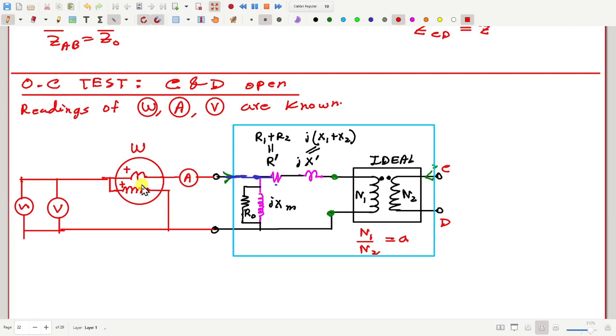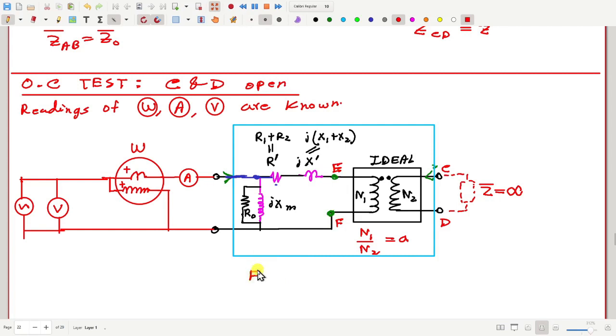Before that, here the impedance between C and D is how much? Z equal to infinite. If I call these terminals E and F, how much is the impedance between E and F? Infinite multiplied by N1 by N2 whole square, that is again infinite. So the impedance between E and F is again infinite.